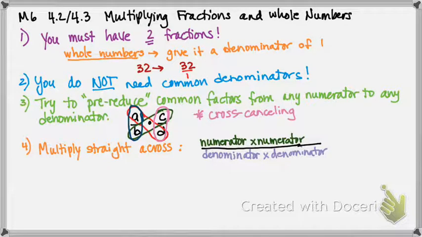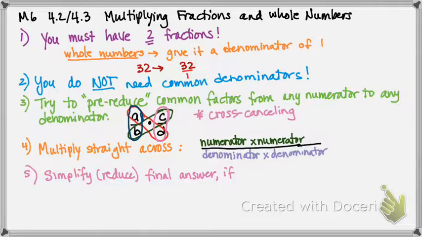Okay, and then last but not least, and this is the one that people want to forget about, you got to make sure that your answer is in simplest terms. So we say simplify, and you may know it to be reduce the final answer if necessary. Now, if you did a good job and you pre-reduced and you caught everything, then you won't have to reduce at this point.